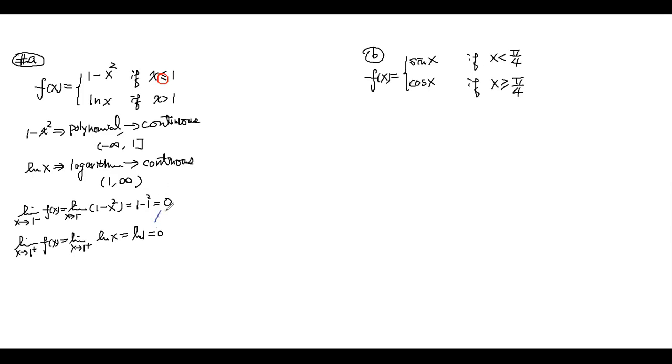We have a limit that exists, right? So that's good news. And now we want to see the function value, so f of 1 is equal to the first function, so it's 1 minus 1 squared, so it's 0. So we know all these 3 are equal, right? So all these 3 are equal, so I know f is continuous at x equal to 1.